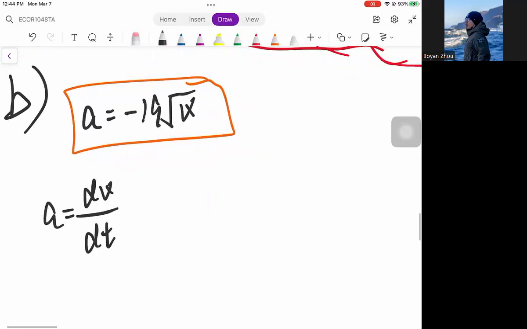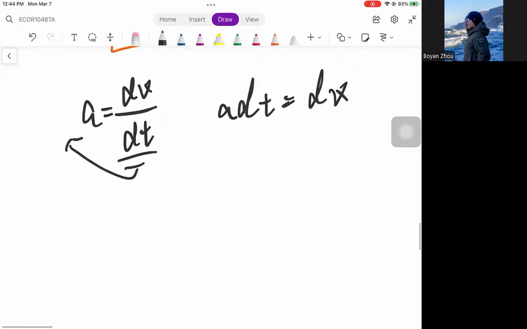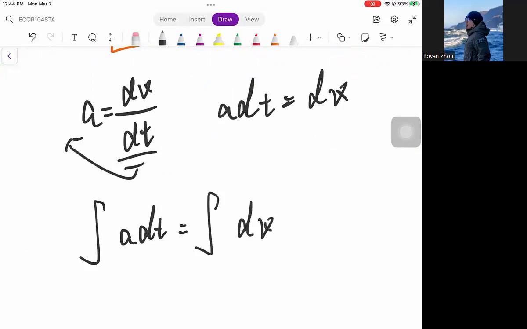Reorganizing this one, putting the dt on the left hand side, A dt is going to be equal to dv. And then we can set up the integration.